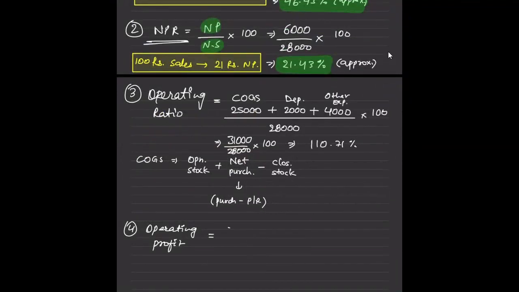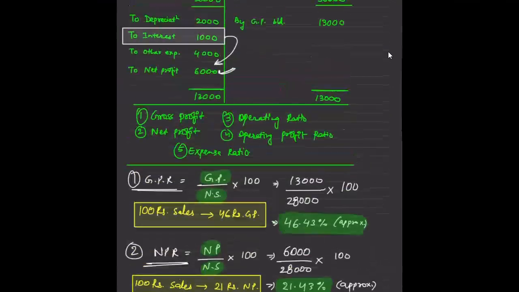This would be 7,000. And what is my net sales? It is 28,000. Let us multiply it by 100. So 7 divided by 28 multiplied by 100, 25%. That is your operating profit ratio.